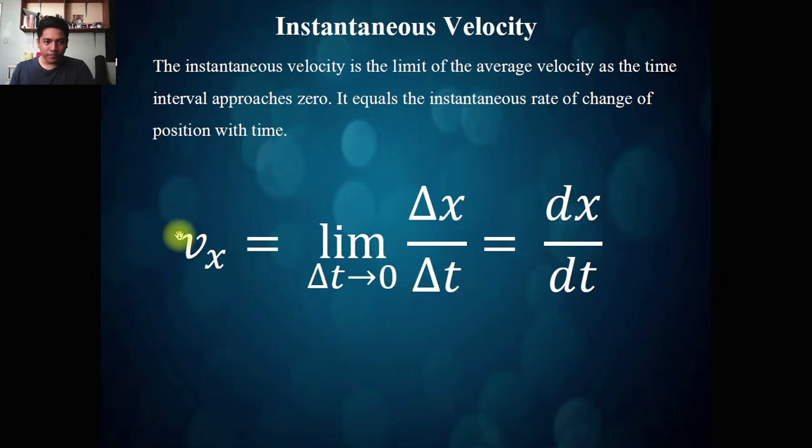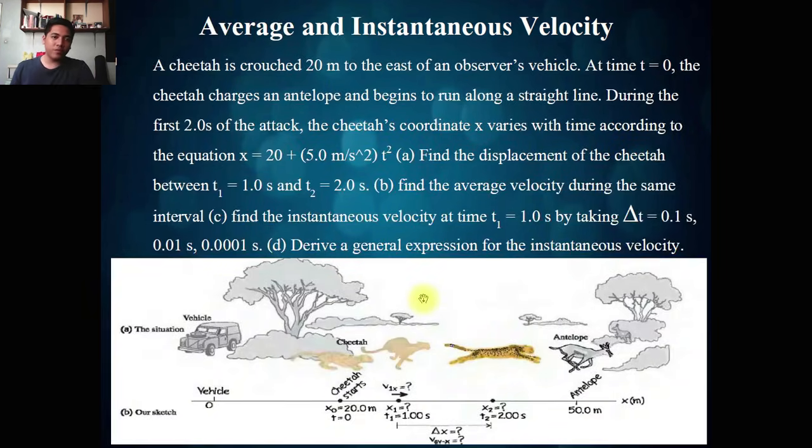So the instantaneous velocity along x is simply equal to dx over dt. We need to use derivatives in order to solve for instantaneous velocity. Okay, so let's proceed to our first example.